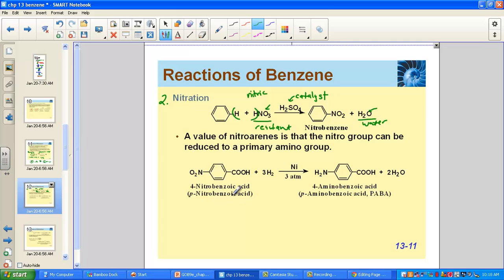In a second reaction, a particularly valuable reaction will reduce the nitro NO2 group into a primary amino group. When I say reduce, it means to eliminate oxygen and change it to hydrogen. Reduce means eliminate oxygen and convert to hydrogen.